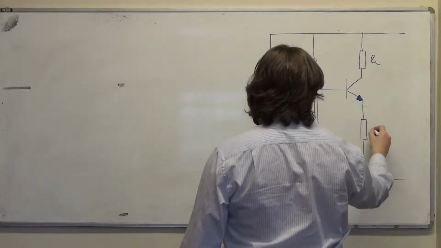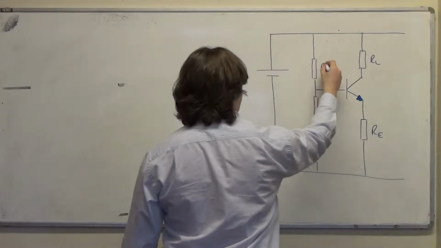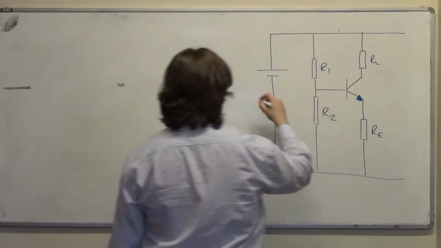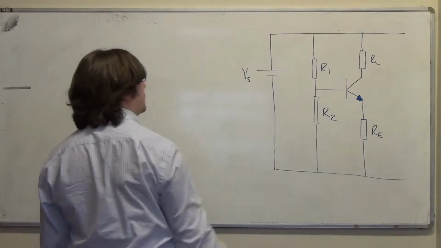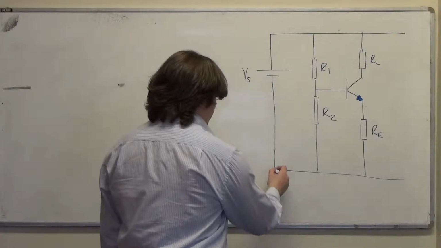And that'll be RL, that'll be RE, this will be R2, and this will be R1, and this will be VS. Oh, this will be 0 obviously.